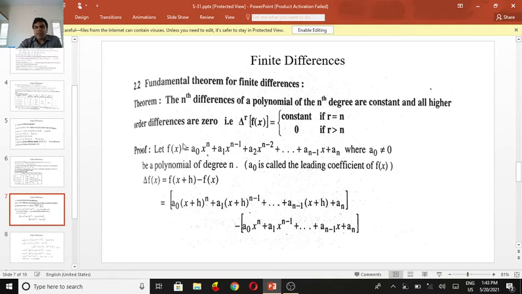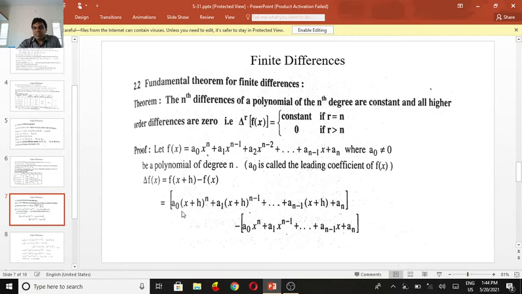So if we apply the difference, the definition of del f of x is f of x plus h minus f of x. So again we apply this, replacing the polynomial f of x with f of x plus h.